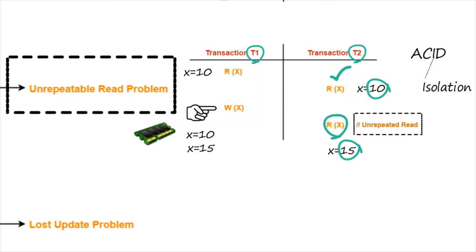What is the meaning of isolation? Whenever we have more than one transaction executing concurrently, one transaction will not know the existence of another transaction. The existence of both transactions is hidden from each other. This property is known as isolation.